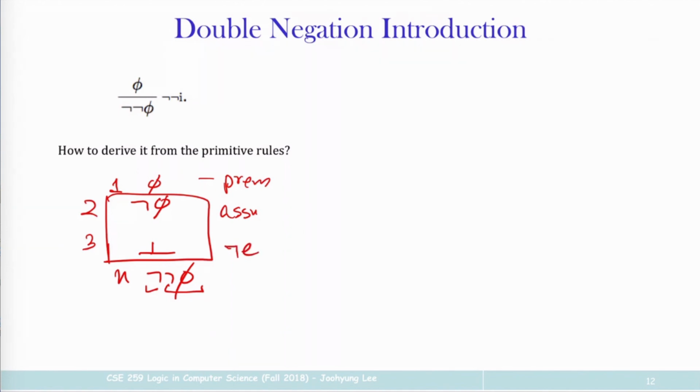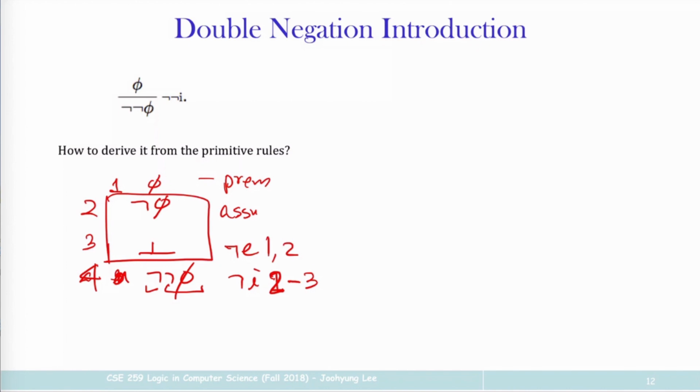This is negation elimination from lines 1 and 2. 1 and 2 are contradictory to each other. So we get this. And line 4 here, you can introduce the negation. So lines 2 to 3. That's it. So again, you can derive not not phi from phi without using this double negation introduction rule.